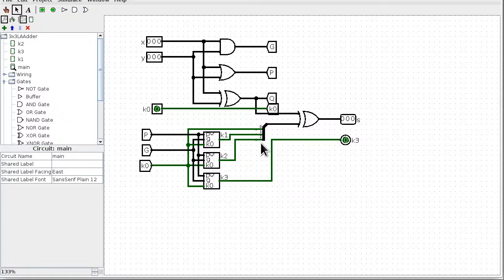So you have to make sure that we connect K0, K1, and K2 to the merger in order to feed it into the multi-bit exclusive OR. K3 is on its own, its own output, because that is the overall carry of the entire addition. So that's kind of the overall design of the carry look ahead adder.